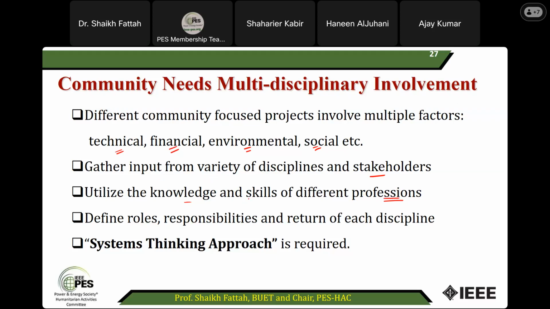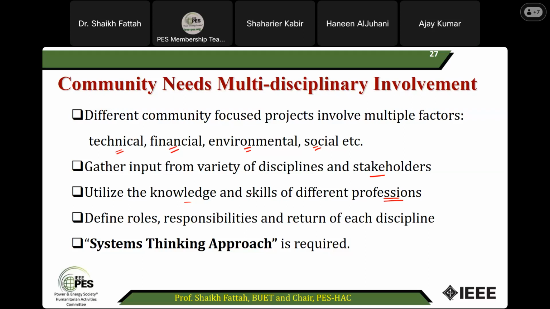The social implications of technology are also very important: how society will accept that technology and what the consequences of deploying it are. It's not only finance; there are societal, environmental and cultural aspects too. So multidisciplinary knowledge and skills are essential.